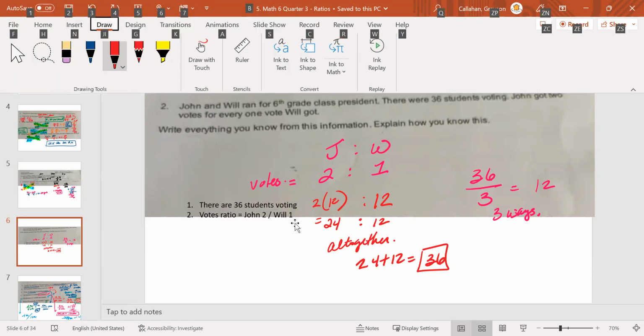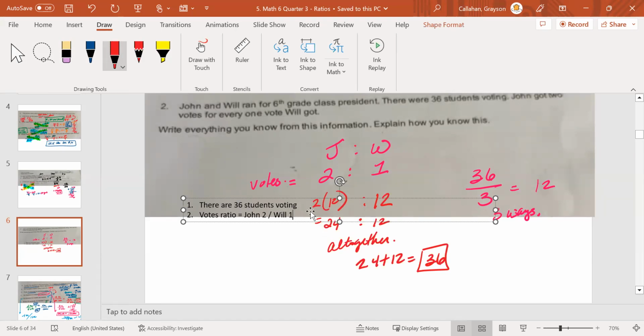The next part that you can say is for every one vote that Will got, John has twice as many votes, right?